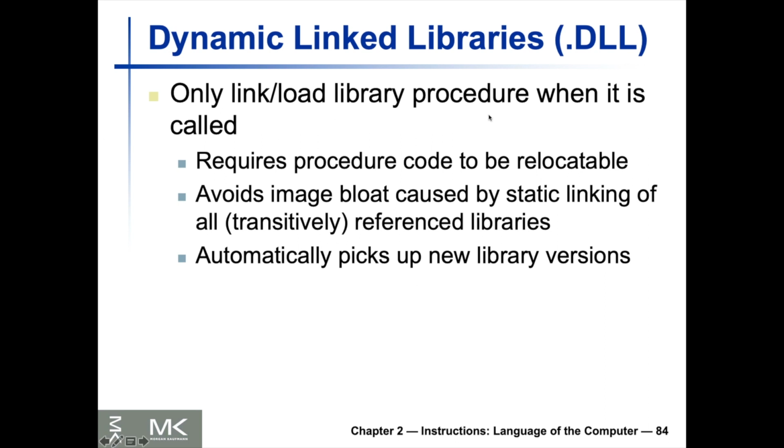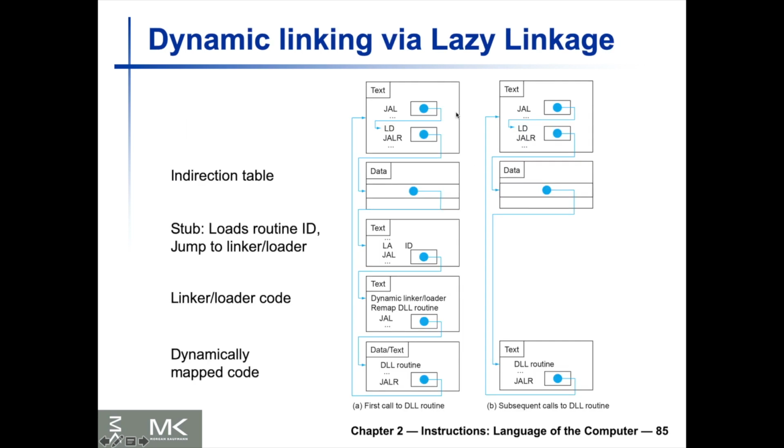Even with a dynamically linked library, we can apply a method called lazy linkage. Only the first time, on the left path, you see that we are finding all those connections between our variables that were dynamically mapped, right?